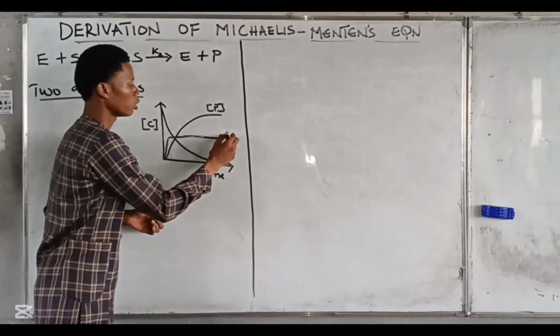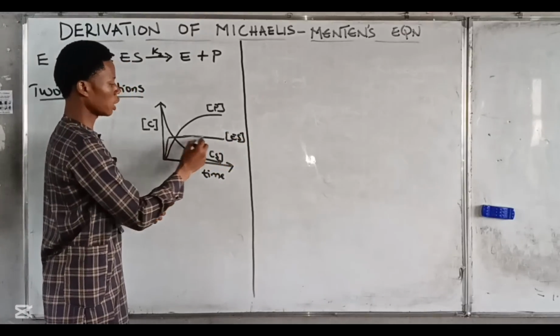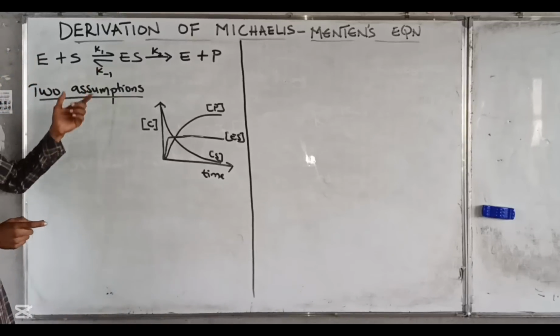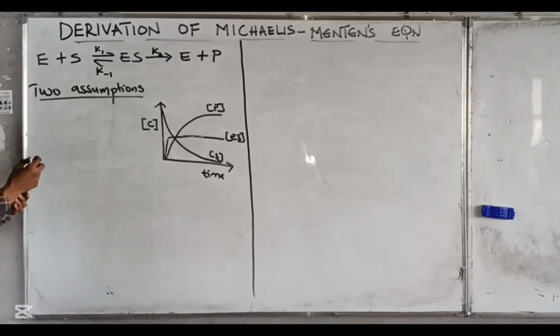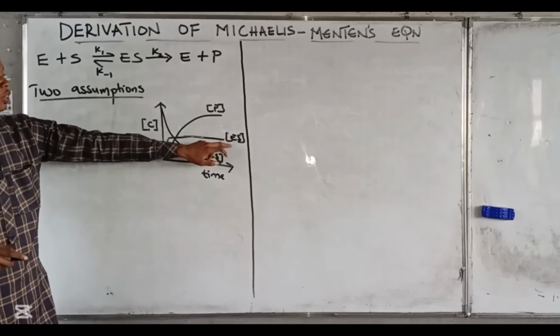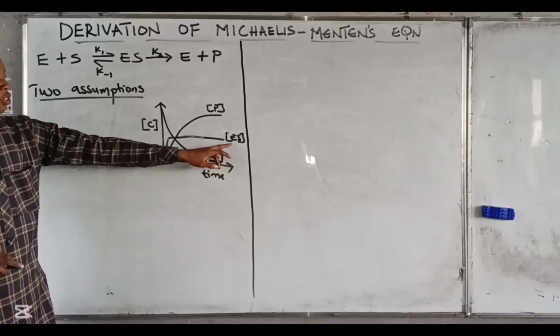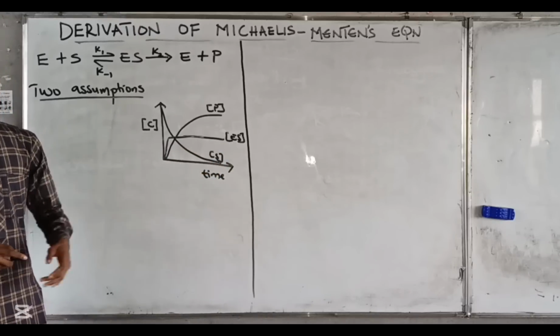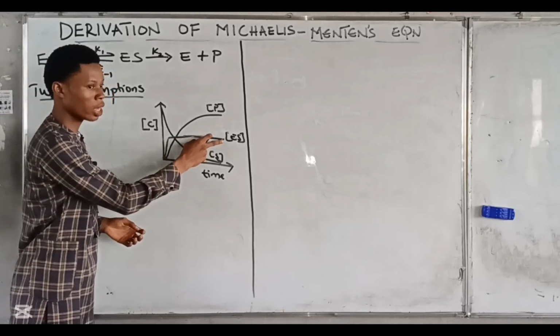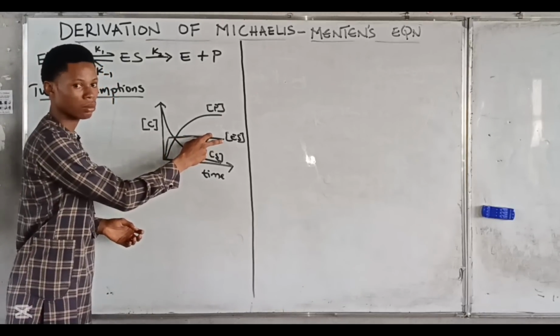Now, this is enzyme substrate complex at a steady state. One assumption of Michaelis Menten's is assuming that the rate of formation, the rate of the reaction here of ES, enzyme substrate complex, is constant. Because as you can see here, it's just steady. So that's why they call it steady state kinetics.